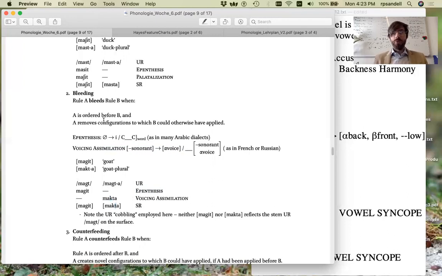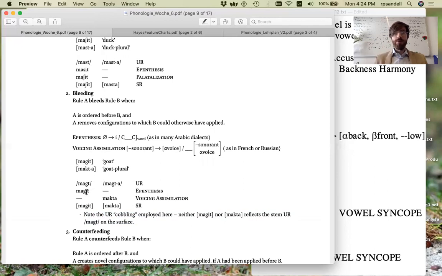If we were trying to solve this problem, if we were given this data and needed to explain this paradigm from the beginning, note that we would need to apply the same technique that we did in Tonkawa here. Neither of these forms reflects the underlying form of the stem on the surface.